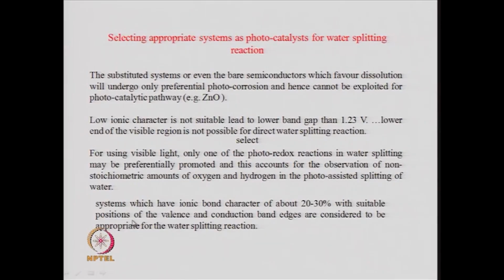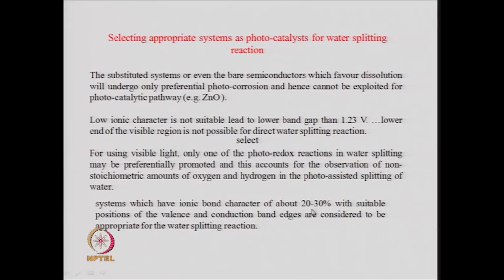Now, systems which have an ionic bond character of around 20 to 30%, with the right kind of position of the valence band edge and the conduction band edge, appropriately placed with respect to the levels for the water and oxygen couple.